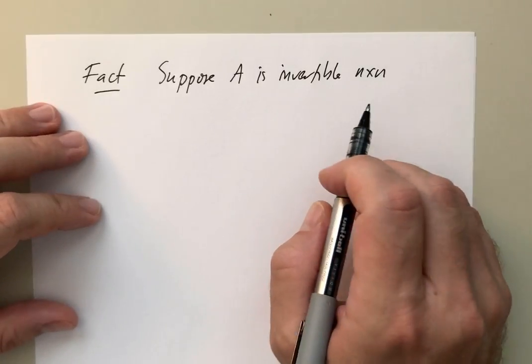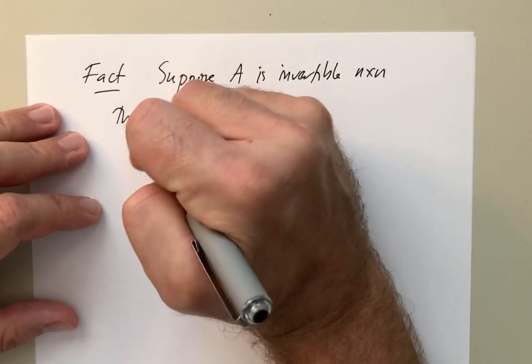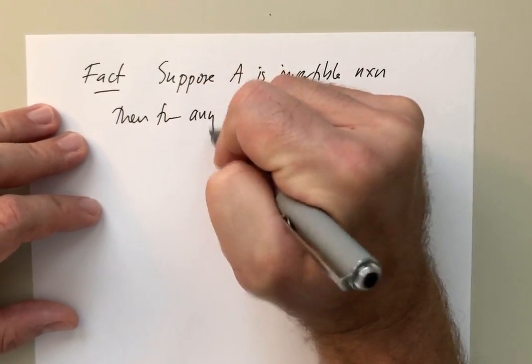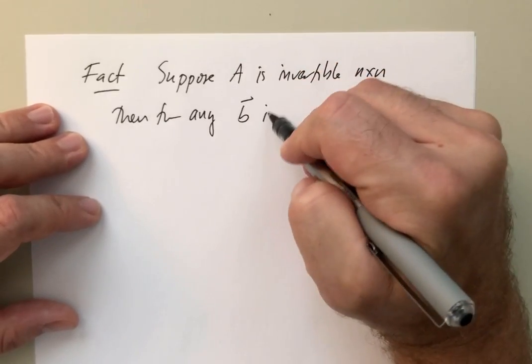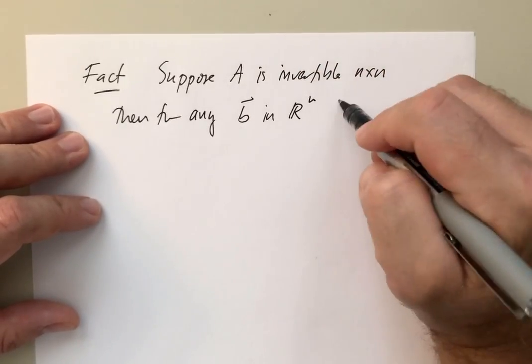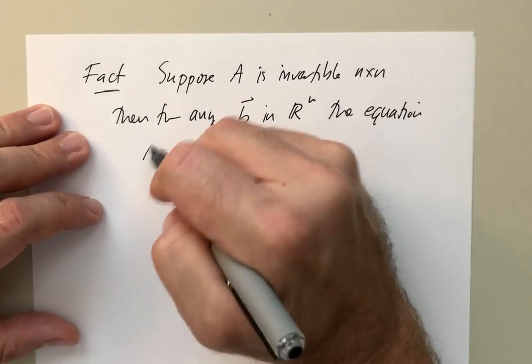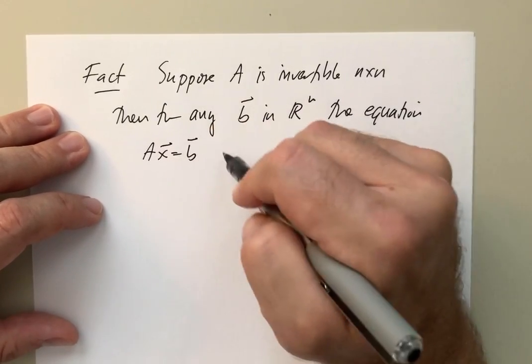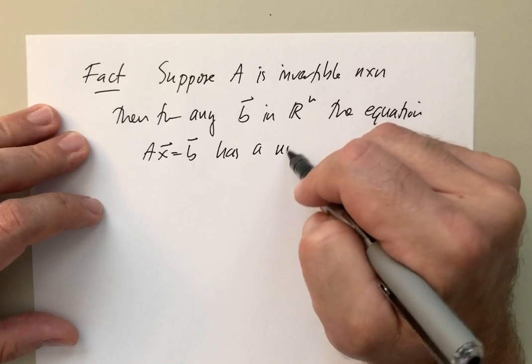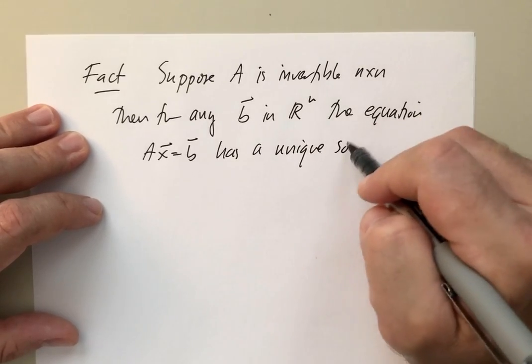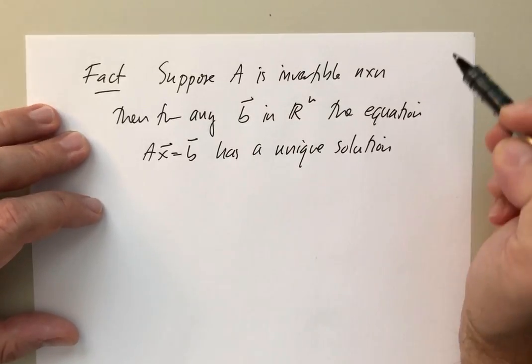So suppose you have an n by n invertible matrix, then for any vector b in, say, Rn, the matrix equation Ax equals b has a unique solution. Remember, that means one and only one solution.